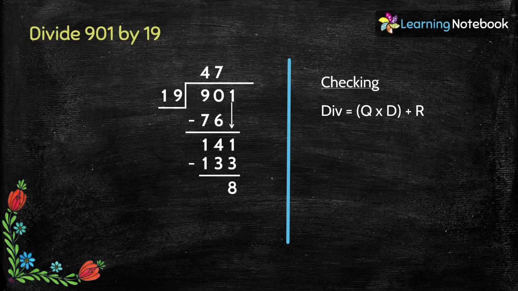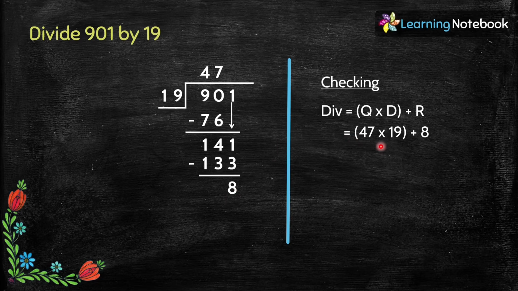Now let's try and check our answer with the formula which we learnt before, which is dividend equals to quotient into divisor plus remainder. So here quotient is 47 and divisor is 19 and remainder is 8.